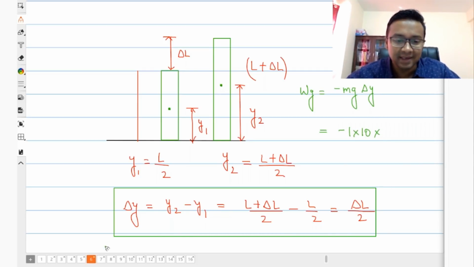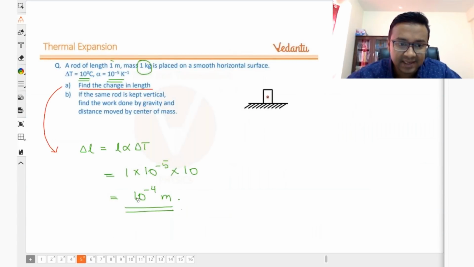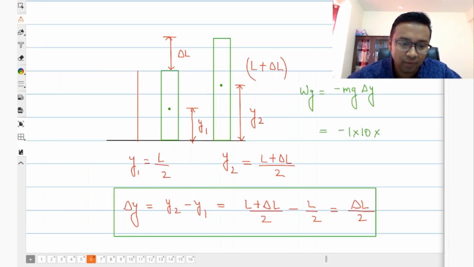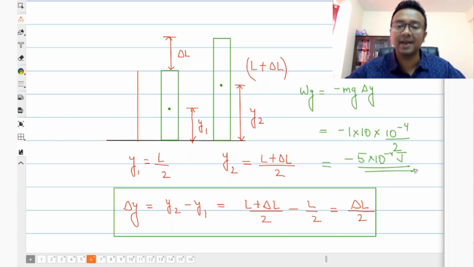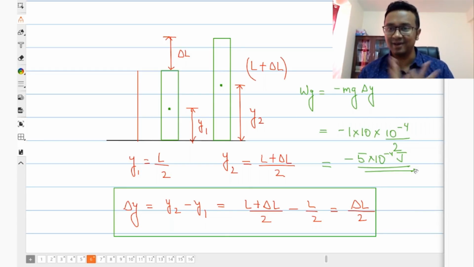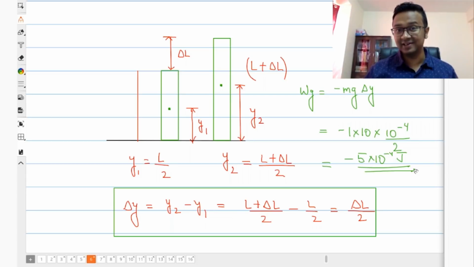From the previous slide, we see delta L is nothing but 10 to the power minus 4. So we put the value 10 to the power minus 4 divided by 2. So it is minus 5 into 10 to the power minus 4 joules. This is the work done by gravity for the center of mass to move up by delta y. I hope everyone has understood this particular problem. Very simple application of expansion.